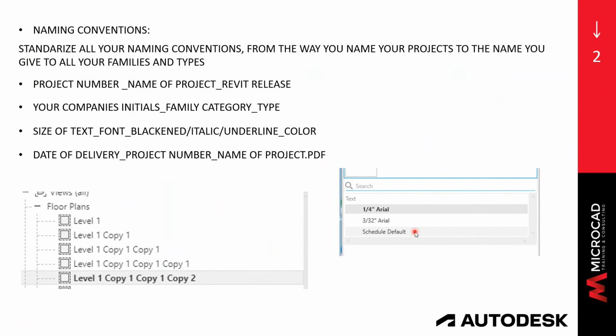When you call something Schedule Default, you're not giving them the information that they need. They will have to do at least 3 clicks to figure it out. They will need to select it, they will need to go into the type properties, and then from there read the size and the font. So naming conventions, again, from the first level, should tell you what they are.